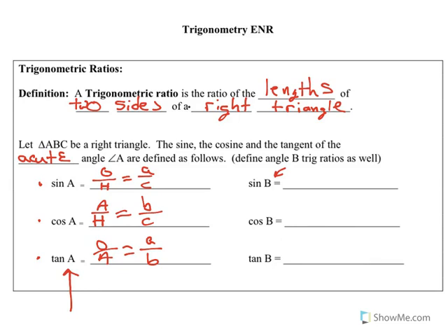You can also talk about your trig ratios from the complementary side of the triangle. So you could do the same thing, but looking at it from the vantage point of being at angle B. So if we go back and use the same SOHCAHTOA definition, let's write that up here. So SOHCAHTOA.